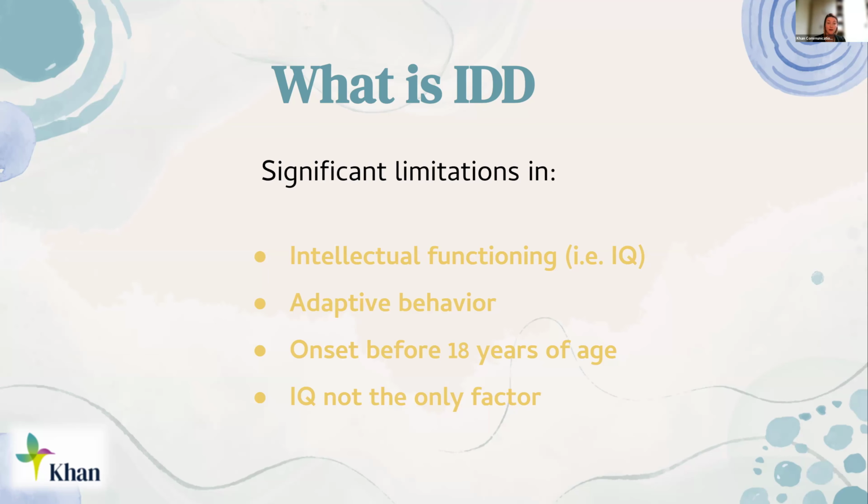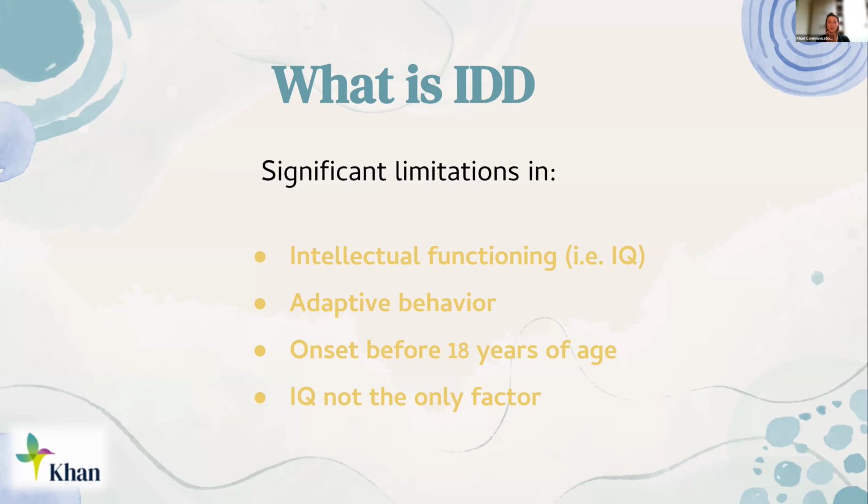So the DSM-5 is recognizing that IQ is not the only factor, and this adaptive functioning or adaptive behavior is quite important. That is also why when a student is referred for assessment, say at your schools, we might give out questionnaires like the ABAS, or the Adaptive Behavior Assessment System, and have teachers and parents complete this form.